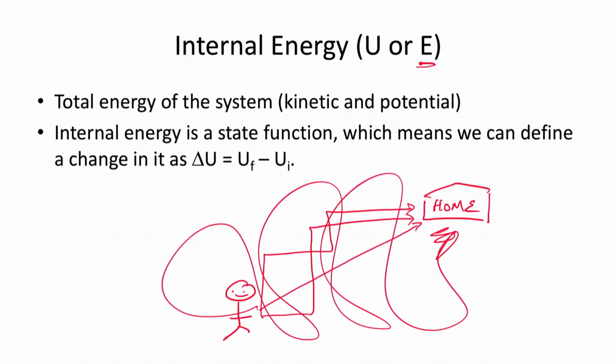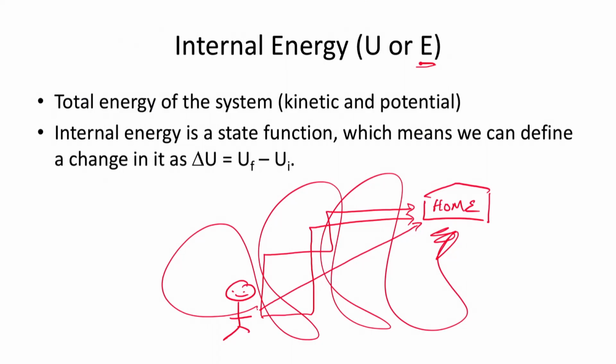But clearly, it's a lot more work for me to stumble around and take this very circuitous path than to do the very direct path. Okay? So it turns out things like heat and work are not state functions, but internal energy is a state function. Because it's a state function, there's a very useful property that I can use, which is that the change in internal energy, okay, is equal to the final internal energy minus the initial internal energy.